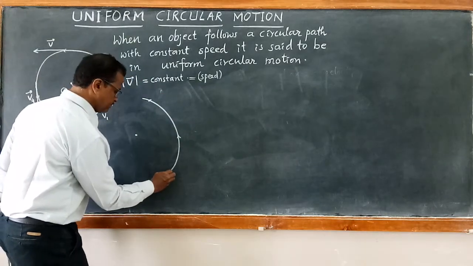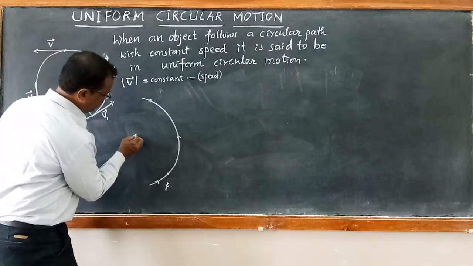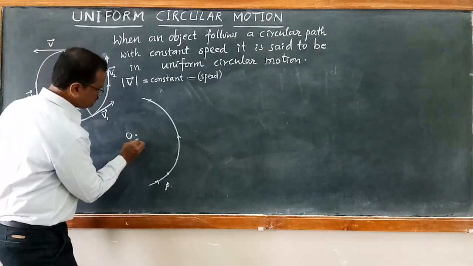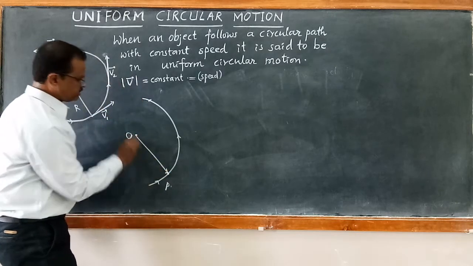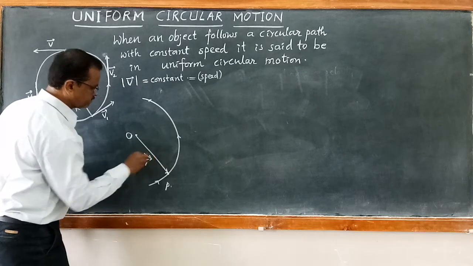Now suppose this is the initial position P, and if you take this one as the center O, the origin, then the position measured from the origin is called position vector R1.